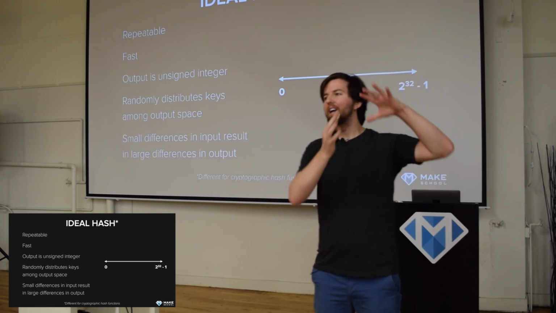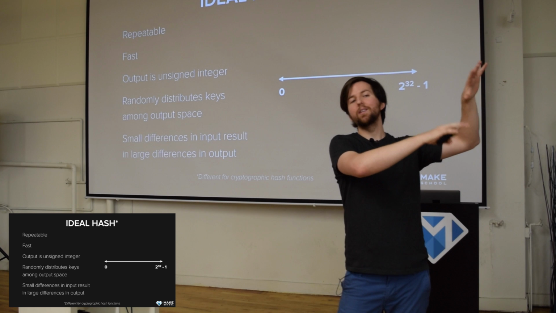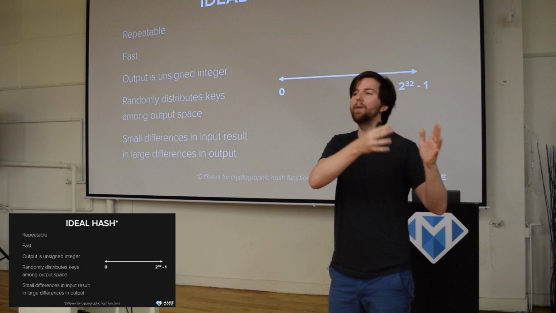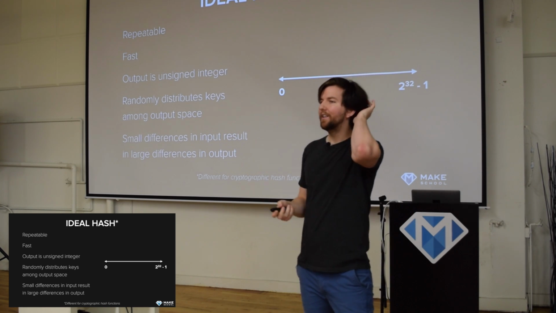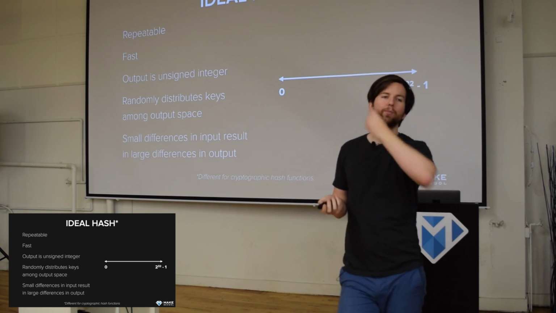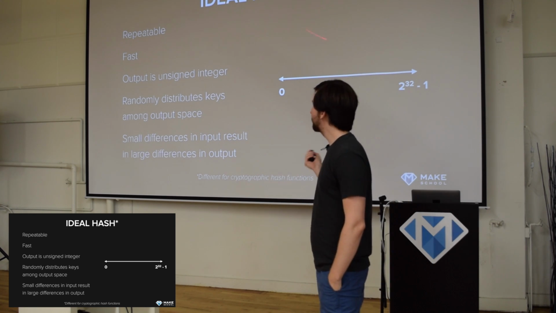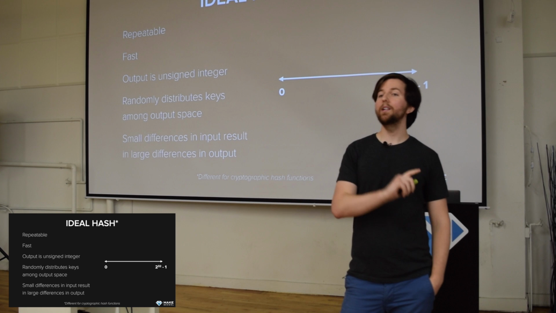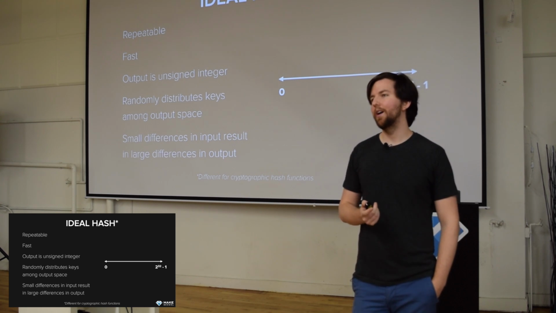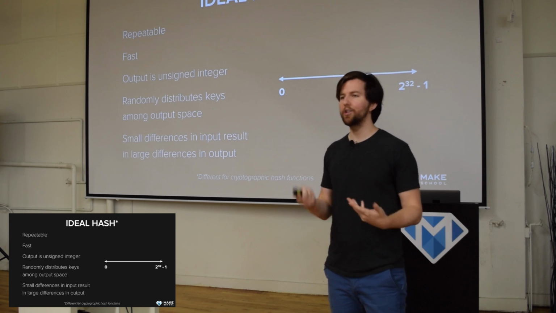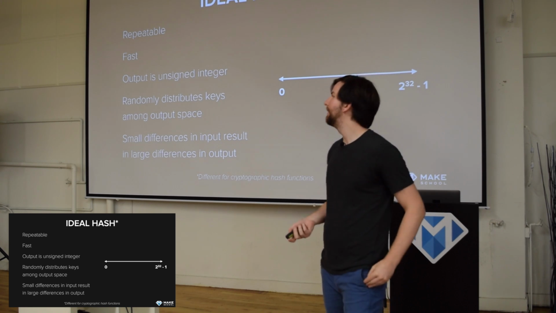So that means there's an infinite amount of possible input, a fixed amount of outputs. That means some inputs will have to match to the same output. There's no way for that not to be possible. So that's something that's unavoidable in hash functions, but as we'll see in a bit, there's ways around that fact. You can sort of work around that to still create your hash table and have it work very well.